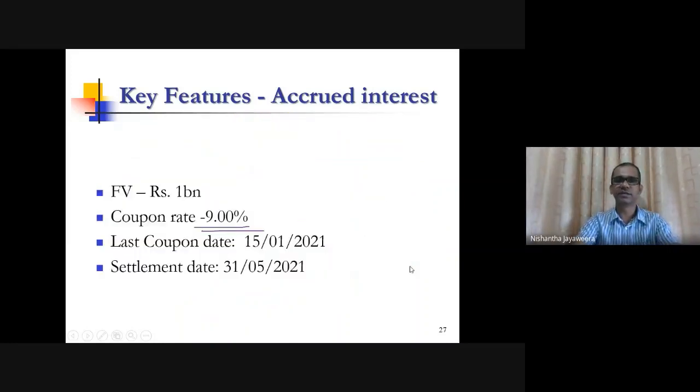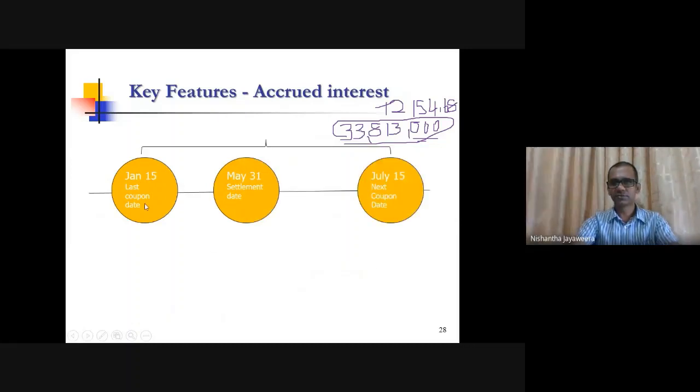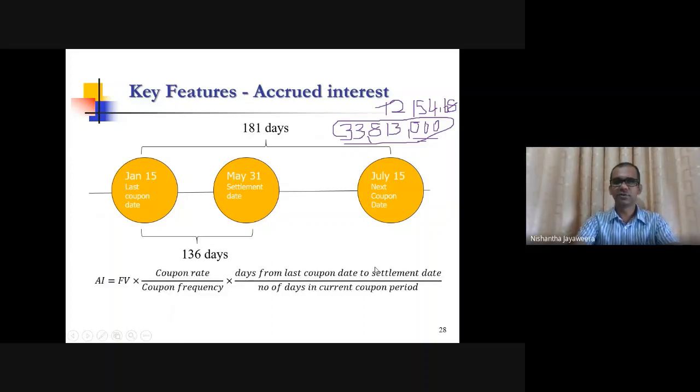So we did an example. For the whole coupon period there are 181 days, and between the last coupon and the settlement date there are only 136 days. And we know the coupon rate, coupon frequency, face value, and now this fraction, 136 days over 181 days.